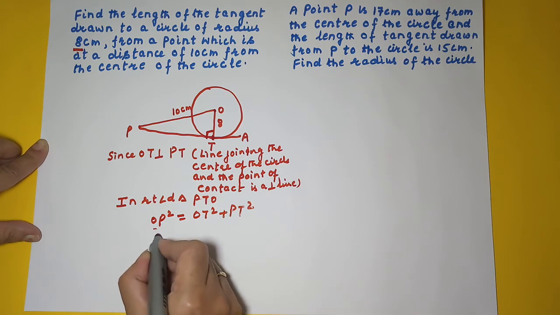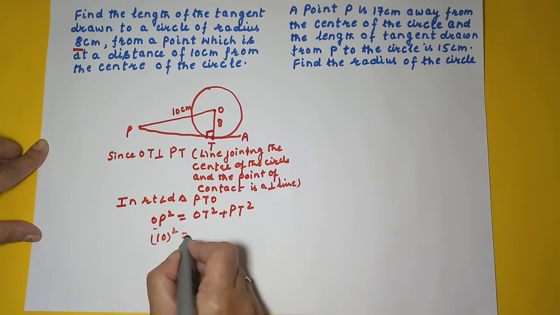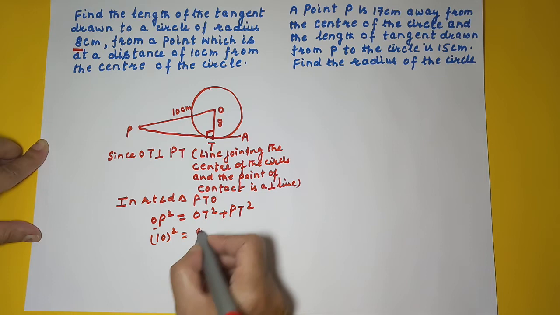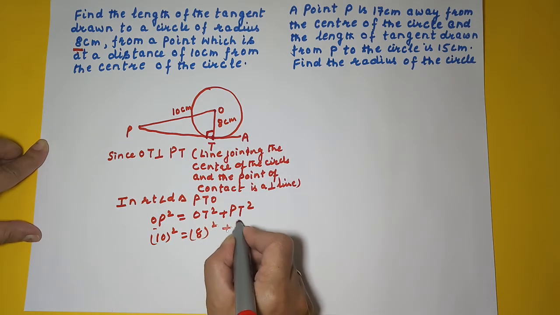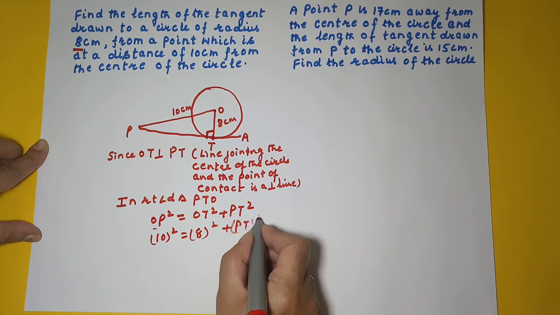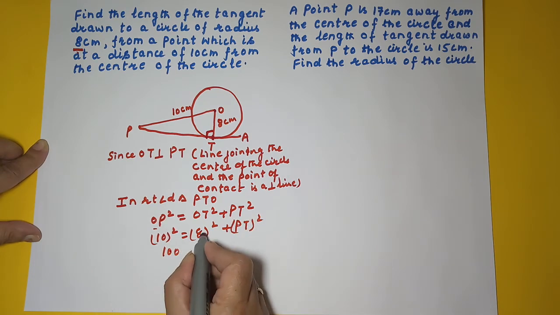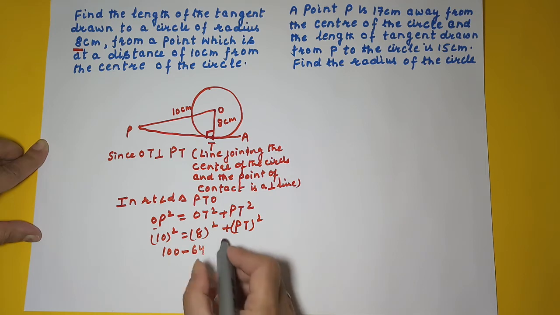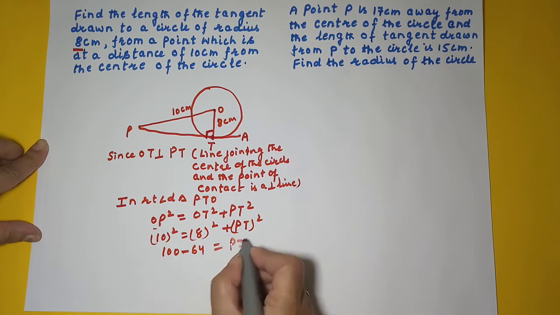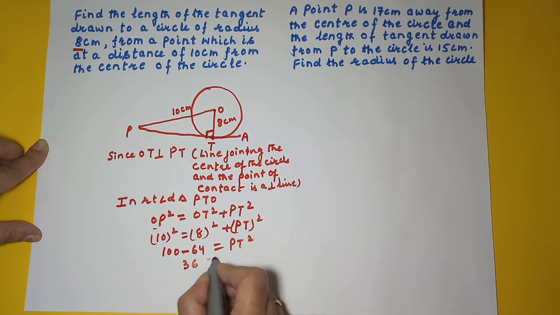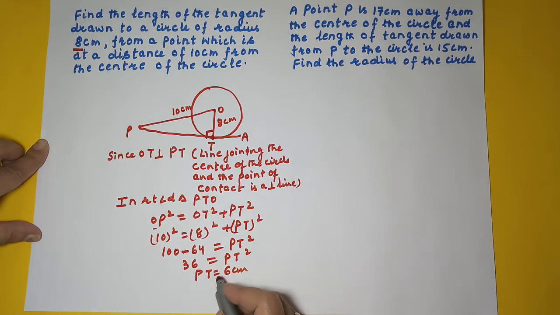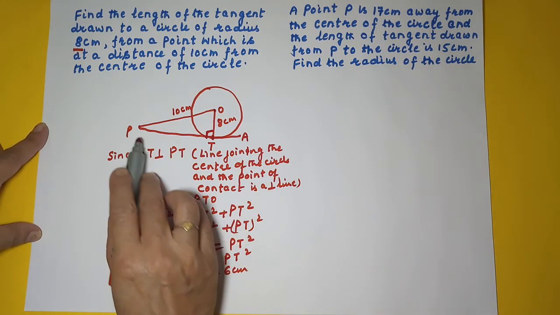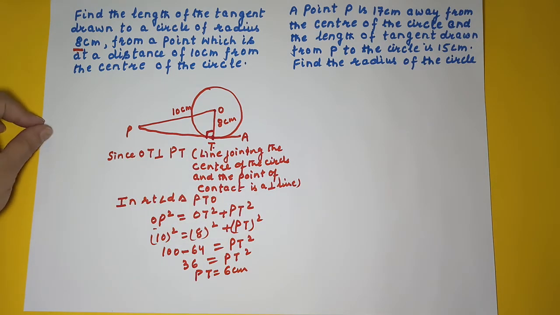Now we have this OP, this is 10. OT is the radius of the circle which is 8 centimeters, plus PT, length of the tangent, we have to calculate. So 100, if we shift this to this side, minus 64 is equal to PT square. So this is 36 equals PT square, or your PT is equal to 6 centimeters. So you have found the length of this tangent as 6 centimeters.